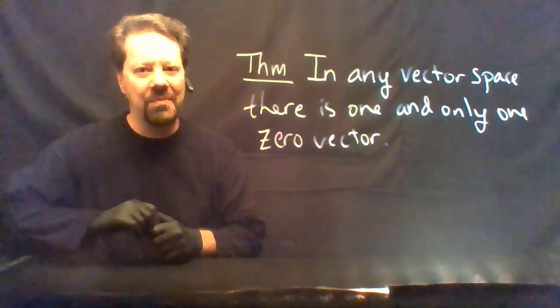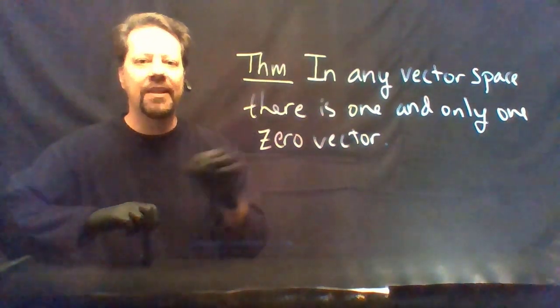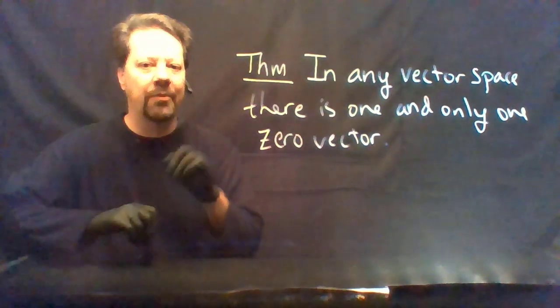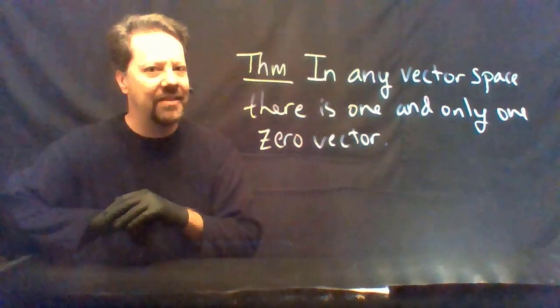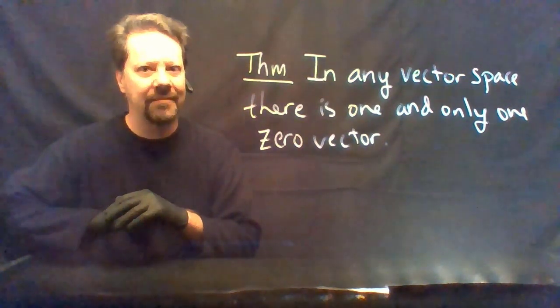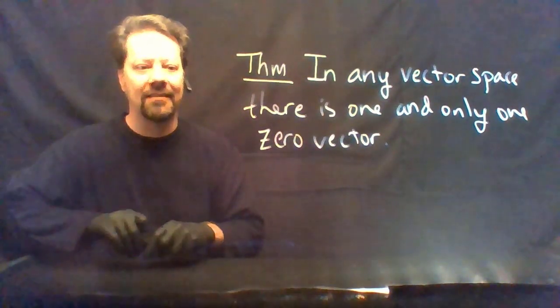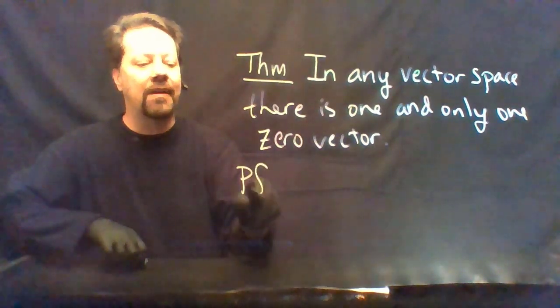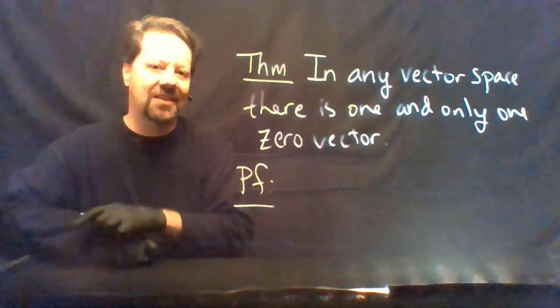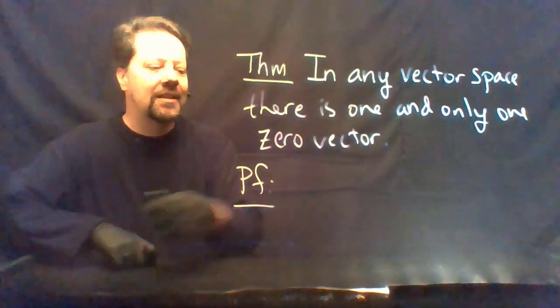We have not assumed this. We assumed the existence of a zero vector, but we haven't assumed that that zero vector is unique. We need to show that. That does follow from the vector space axioms that we have assumed.